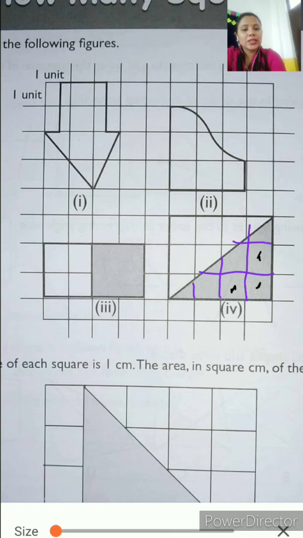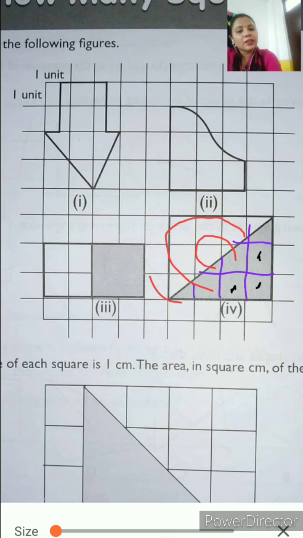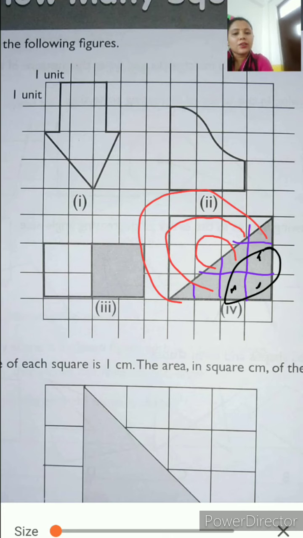As you can see here, this shaded portion is a part of this one, so this is your one complete square, and this small shaded portion makes the second complete square. And these last two shaded portions are connected to each other, so third complete square. So total is 1, 2, 3, 4, 5, 6. So here the answer is 6 units.